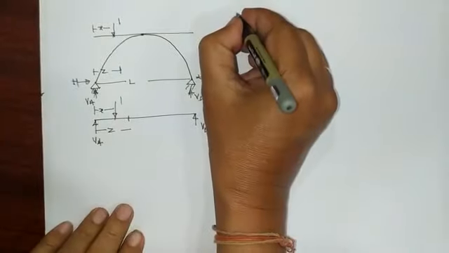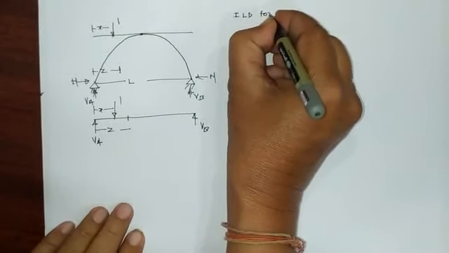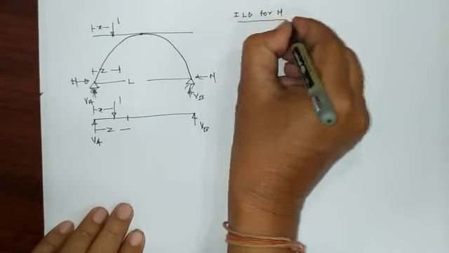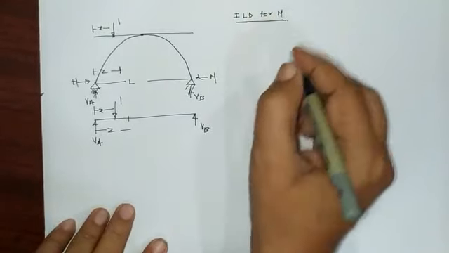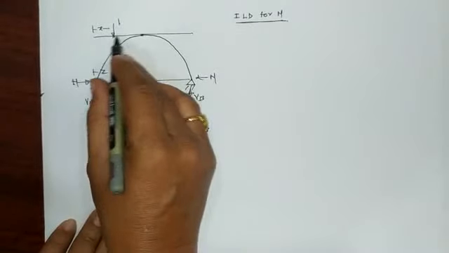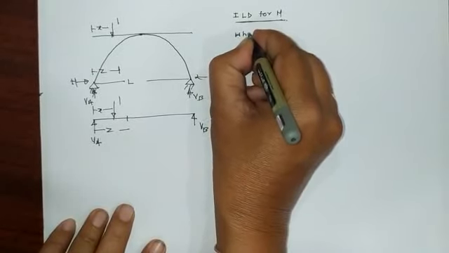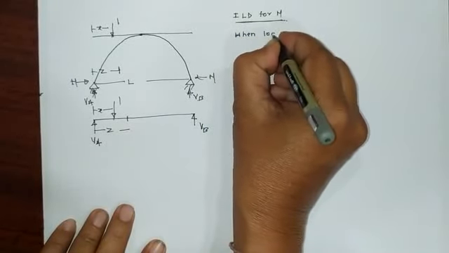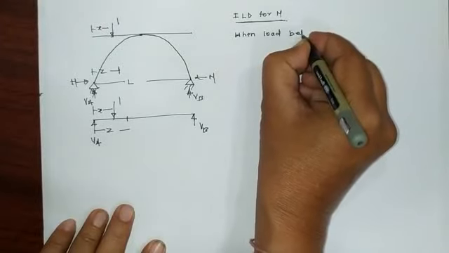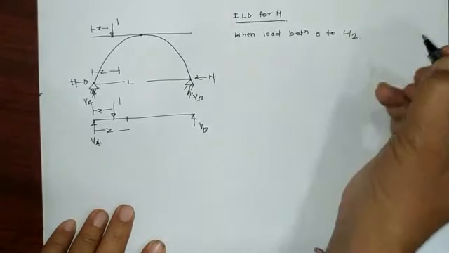Now our aim is to find the ILD first for H, that is the horizontal thrust. So for that, the first limit is when the load is between 0 to L by 2.